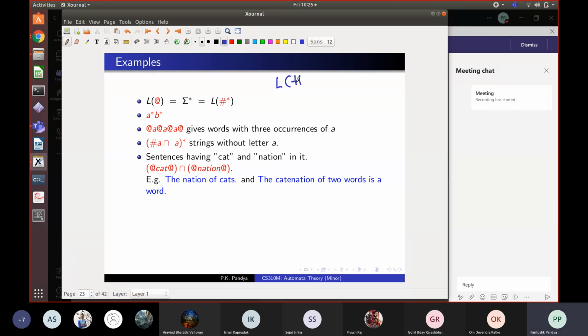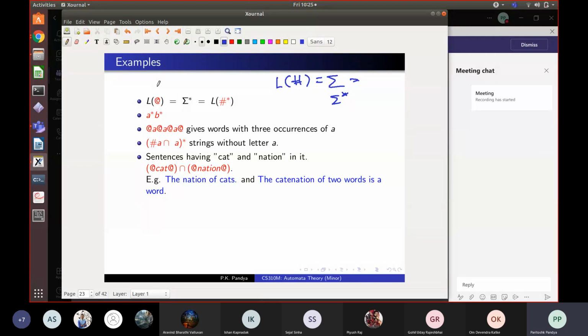Any single letter from sigma, so the set sigma. And when you apply the star operator, the Kleene closure operation, to this sigma, what you will get is sigma star. So you can say the language of hash star is the same as the language of at, which is sigma star. Clear?